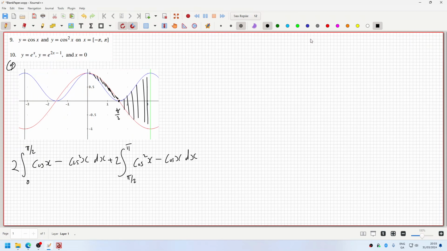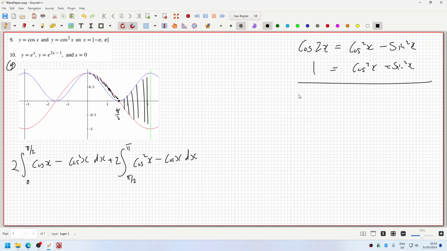I know cos 2x equals cos squared x minus sine squared x. And then 1 equals cos squared x plus sine squared x. So if you add them together, you get 1 plus cos 2x equals 2 cos squared x, which actually is what you have.